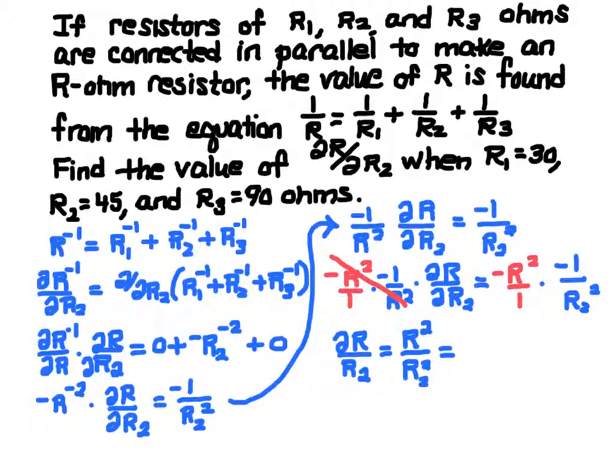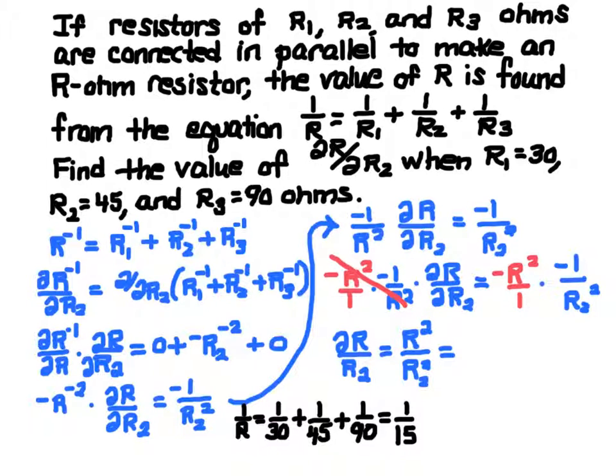So to find r, well, we know that 1 over r is equal to 1 over r sub 1, and r sub 1 is 30, plus 1 over r sub 2, and r sub 2 is 45, plus 1 over r sub 3, and r sub 3 is 90. And if you work this out, this simplifies to 1 over 15, which means that r is equal to 15.